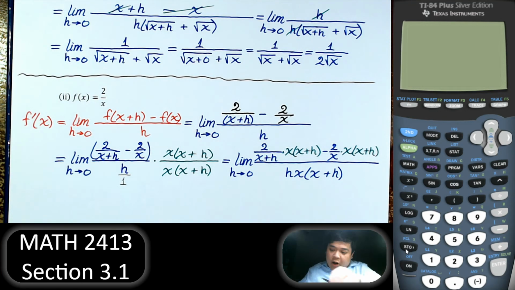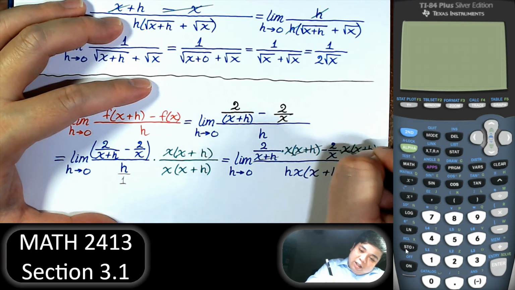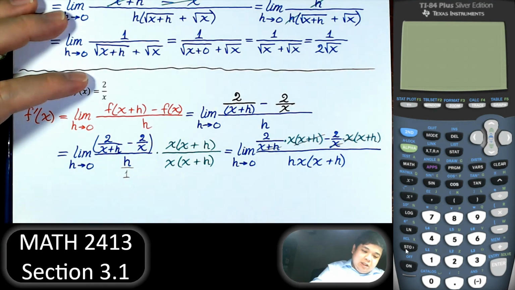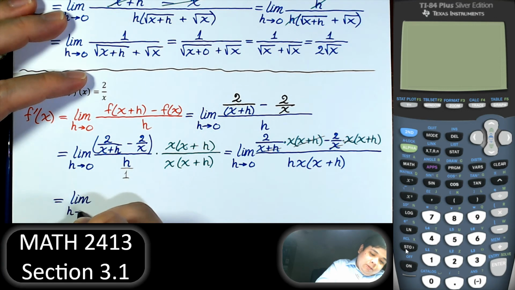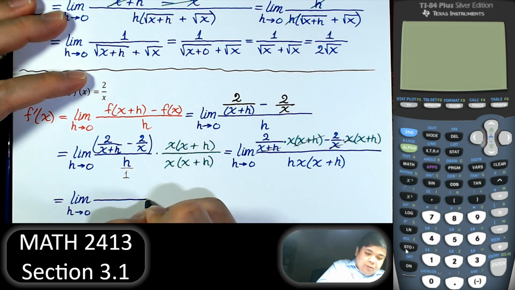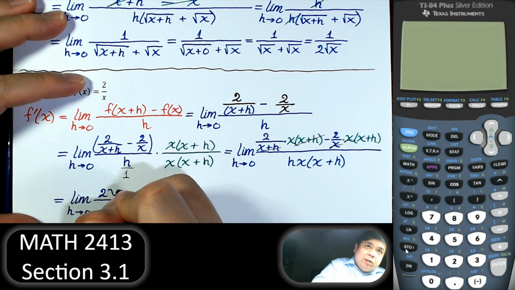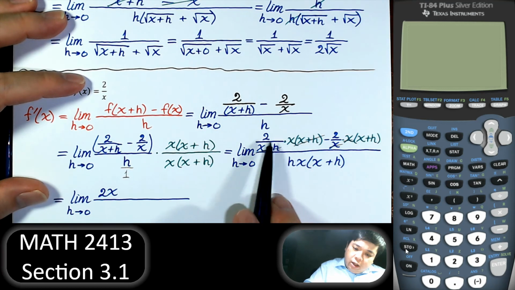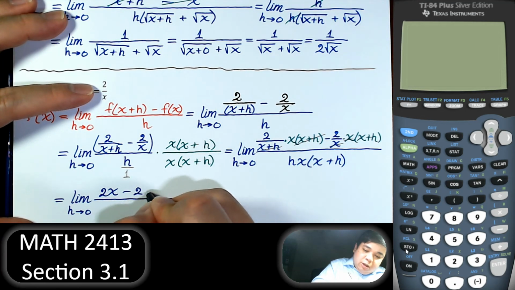Now we're multiplying. The x plus h cancels out, and the x and the x cancel out here. So we have 2x. That cancels out, we have 2, x and x cancel, minus 2 times x plus h.